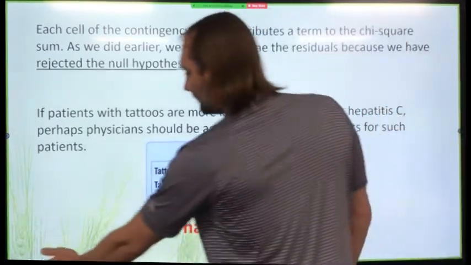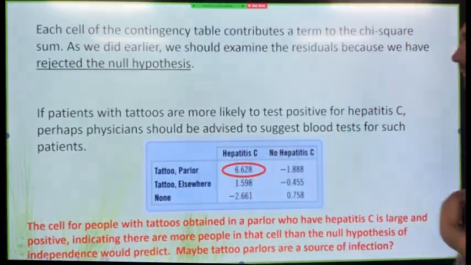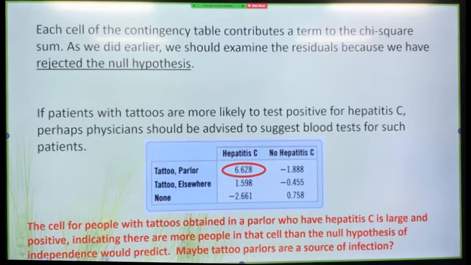Tattoo parlor, very good. So if I focus on that one, this cell tells me that people with tattoos obtained from a parlor are very large in getting hepatitis C. And positive. So this indicates that there are more people in this cell than the null hypothesis of independence would predict. Maybe tattoo parlors are a source of infection.